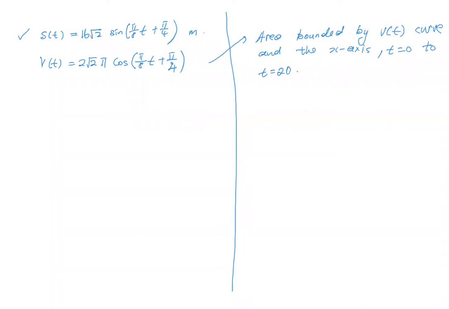Am I right? But if you try to plot this curve, can you please try to plot your v(t) curve? How will your v(t) curve be like? I think your v(t) curve will go some sort like this, if I'm not mistaken. Am I right?